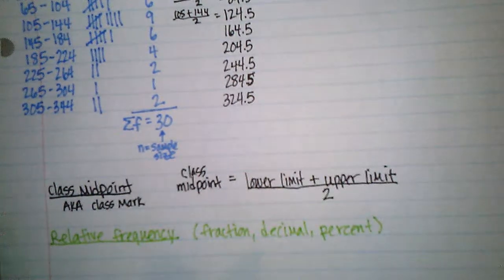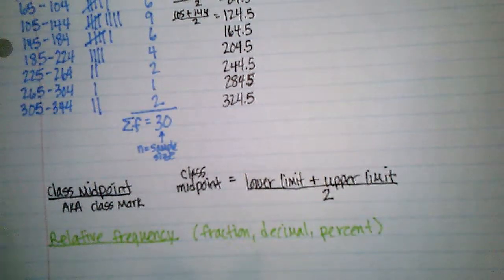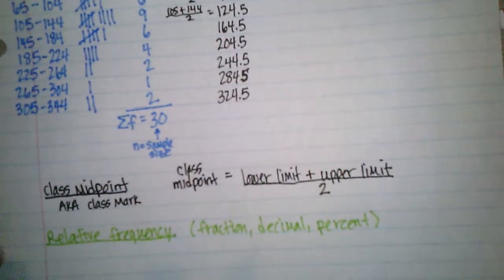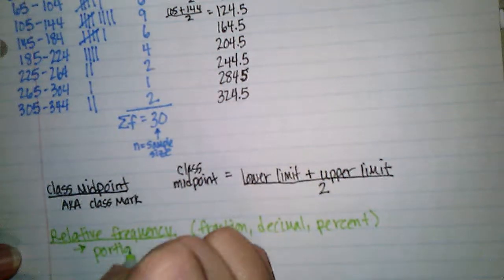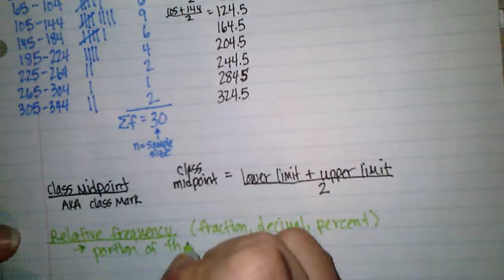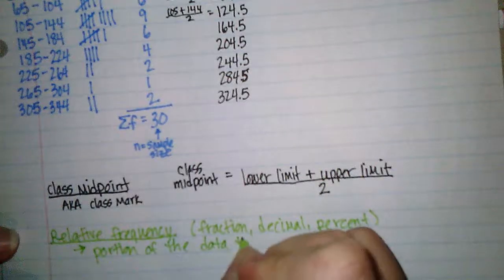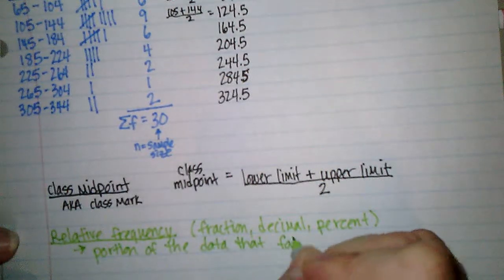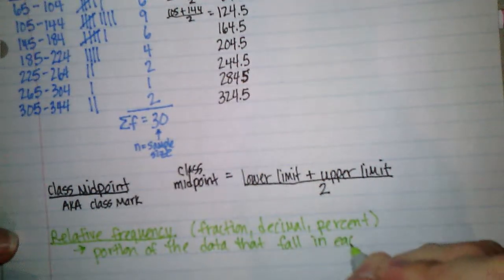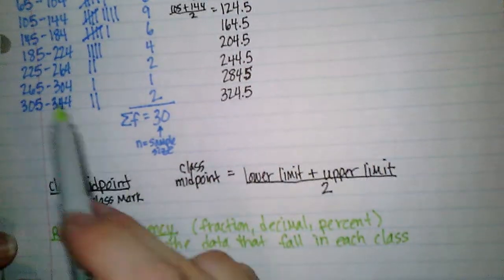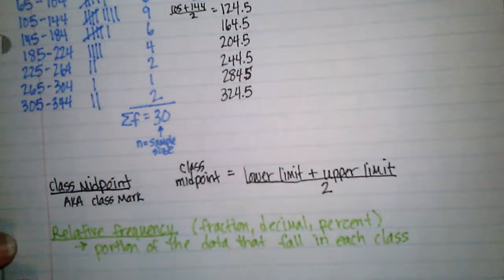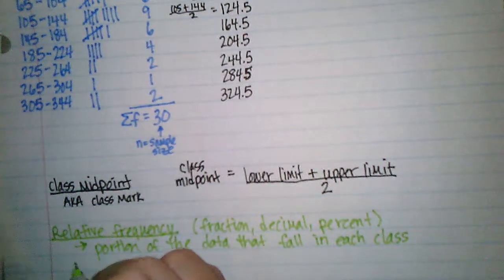Those will all be equivalent to one another. What we're going to use in our table is going to be a decimal. And what it tells you is the portion of the data that fall in each class. So like 10% of our numbers are between 225 and 264, for example. That's not really the right number, but we'll see how those work.